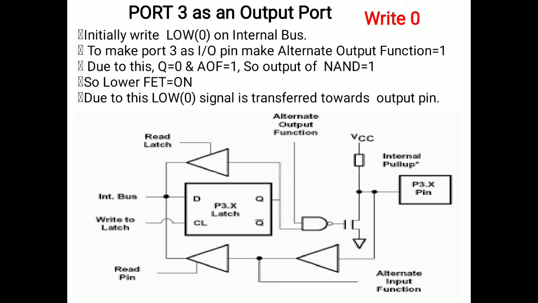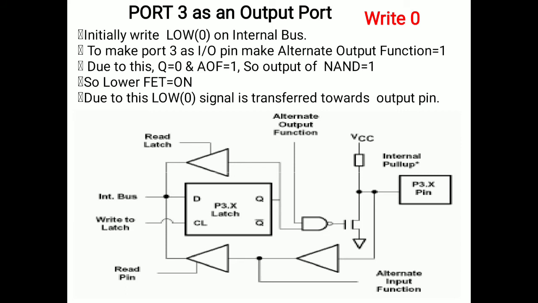In that case, if we write 0 on the internal bus, this 0 is available at Q, and this 0 is also available at the input of a NAND gate. The NAND gate already has another input of 1, as we are using port 3 as an IO port.